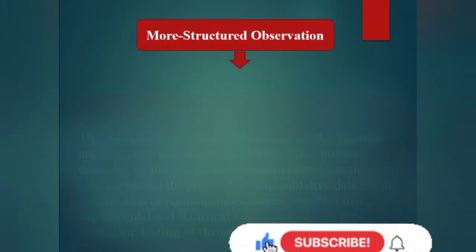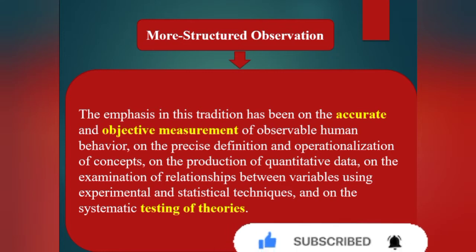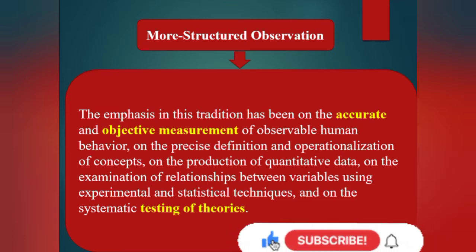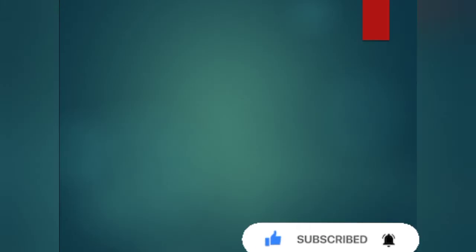More structured observation: the emphasis in this tradition has been on the accurate and objective measurement of observable human behavior, on the precise definition and operationalization of concepts, on the production of quantitative data, on the examination of relationships between variables using experimental and statistical techniques, and on the systematic testing of theories.